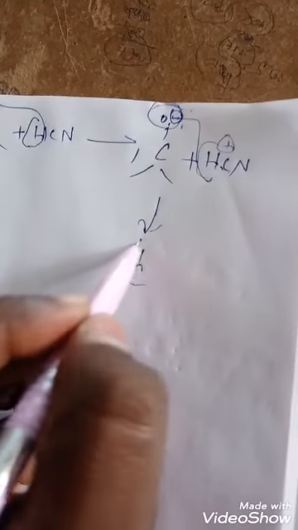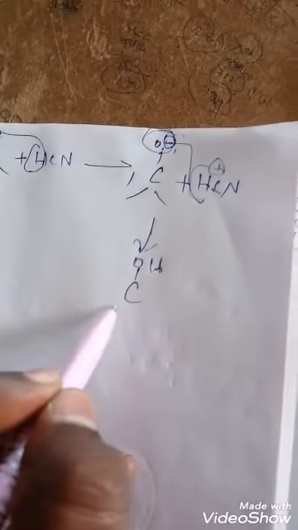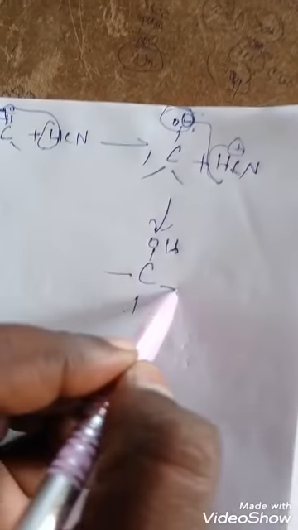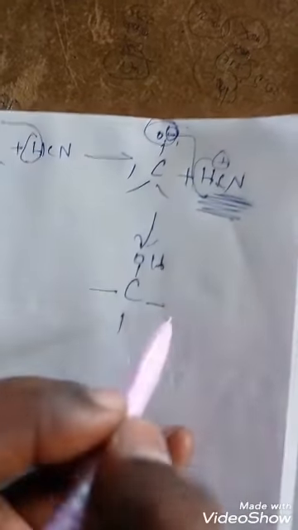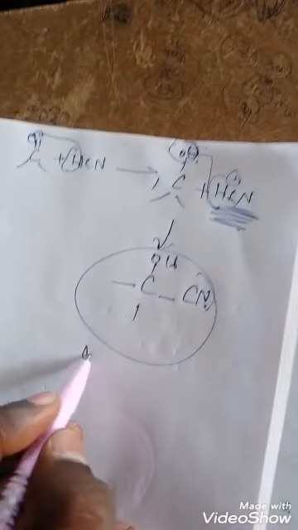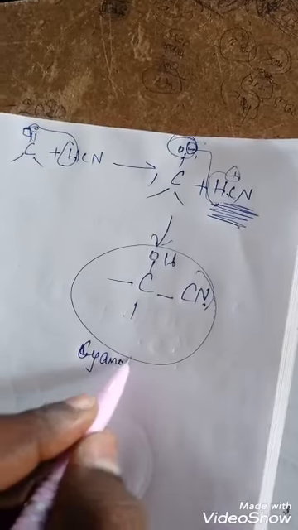In that, a negative charge is there, so on the negative charge we can take a positive charge, H plus. This H plus goes to this side, so what happens? OH. Only the CN remains. So this is the cyanohydrin. Okay, this is cyanohydrin.